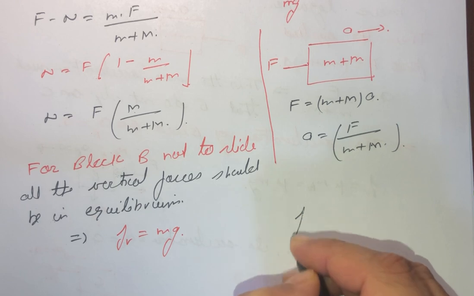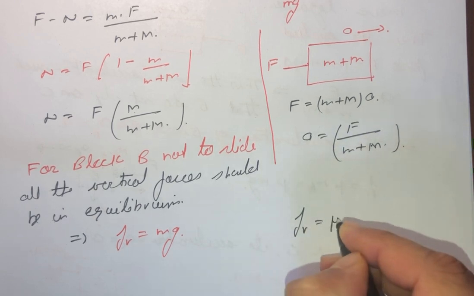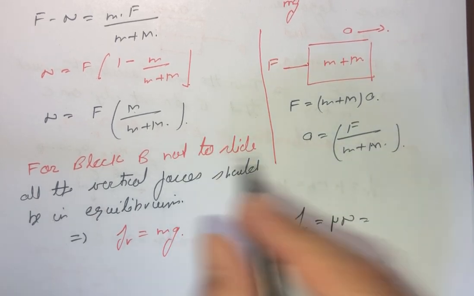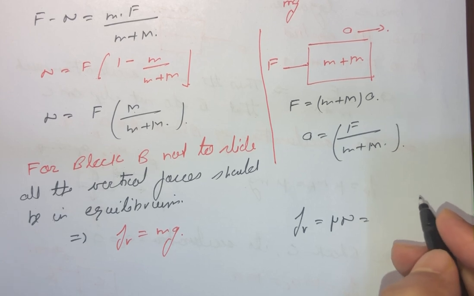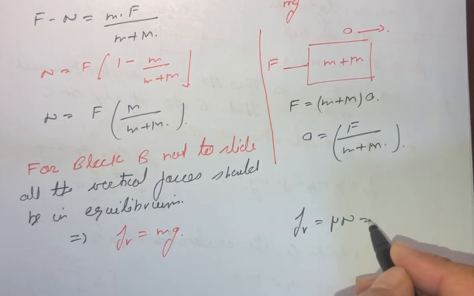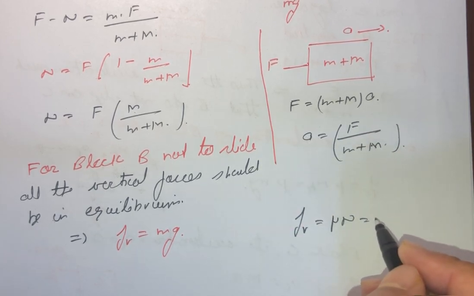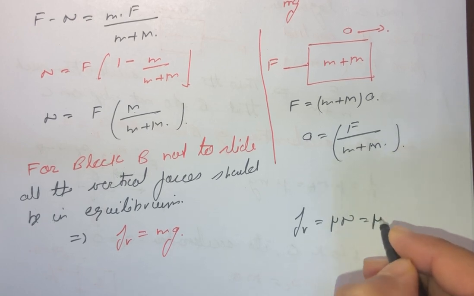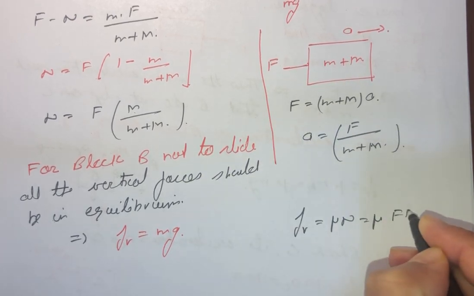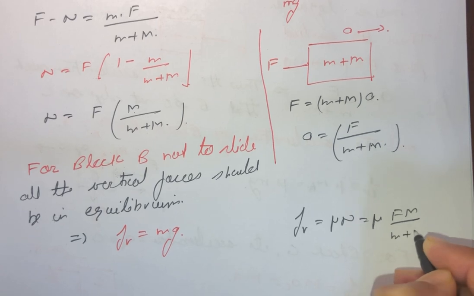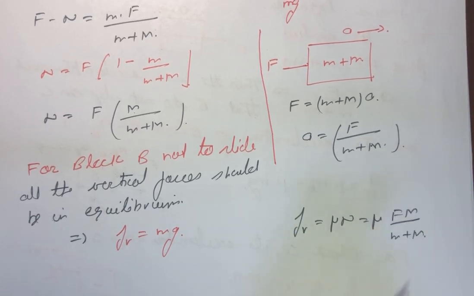So we can say our Fr will be equal to mu into N. We already know the value of N, and we write this mu, this will be F times capital M over (m plus capital M).